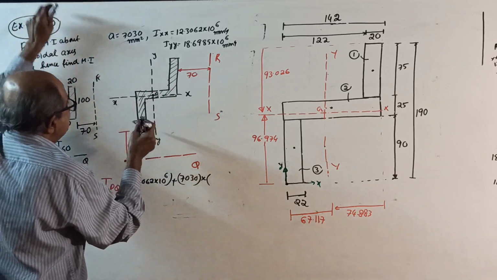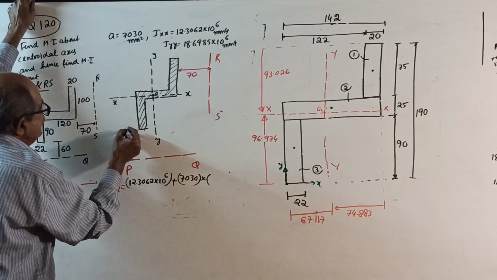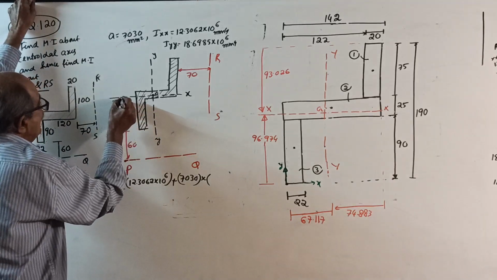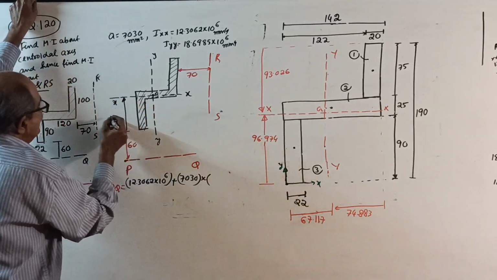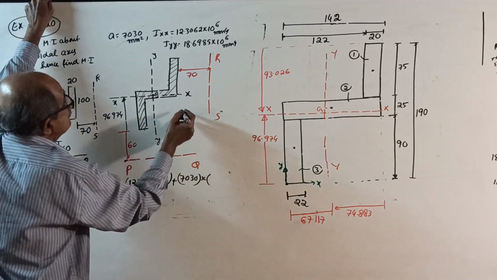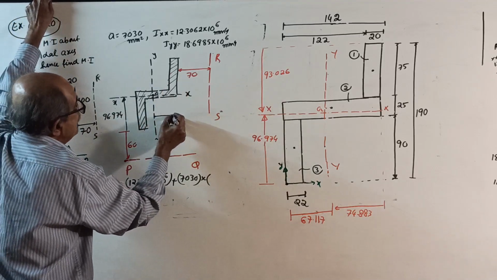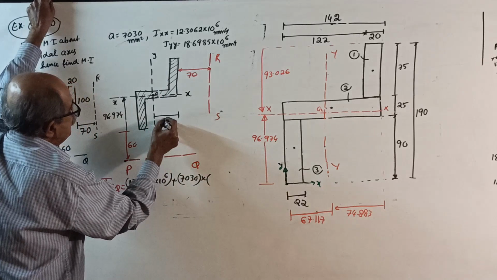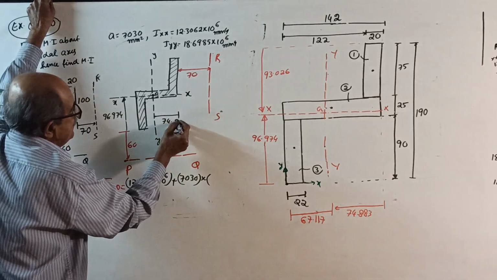Now you require this distance. This distance is known to you, already calculated. How much is it? 96.974. And also we want this distance, 74.883.